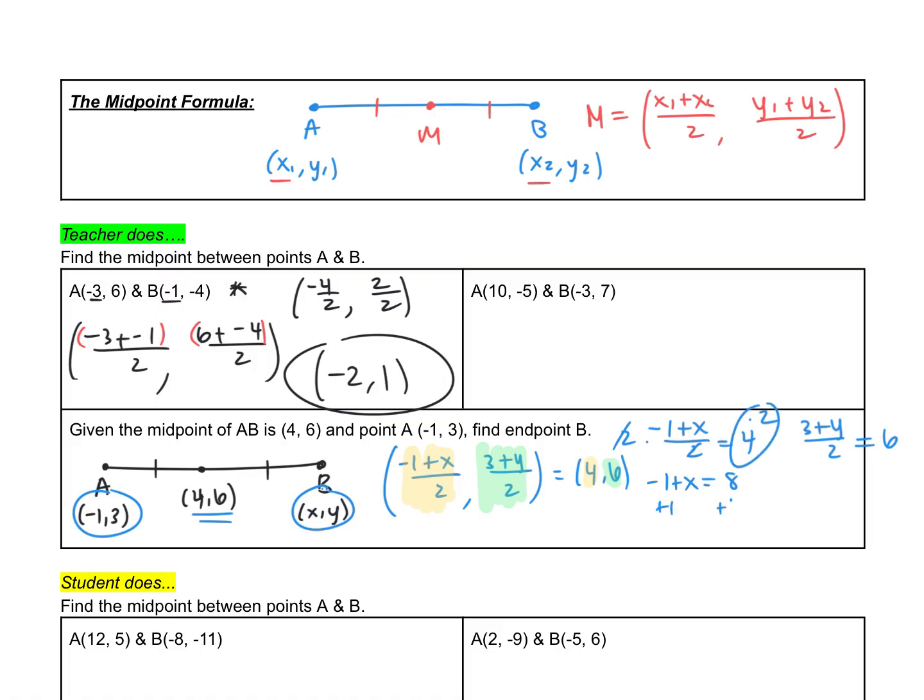So when we add 1, we're going to get x equals 9. Same thing for the y, multiply by 2. So we get 3 plus y. When we multiply by 2, we get 12. So when we subtract the 3, our y equals 9. Ooh, that's so nice. So that endpoint B ends up being the point 9, 9.